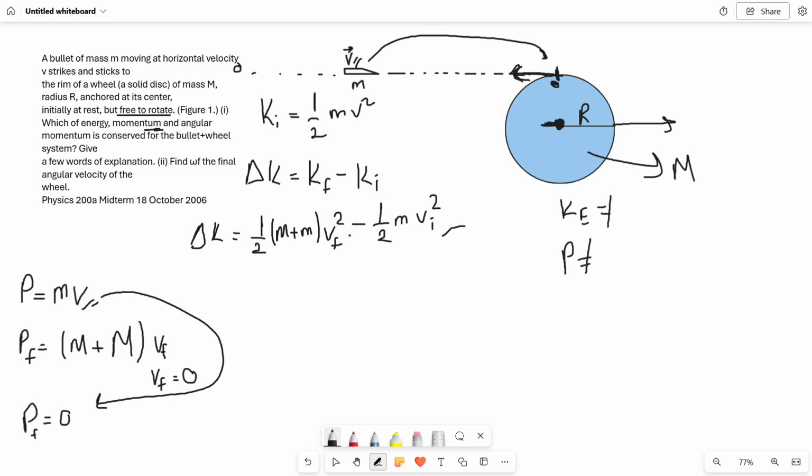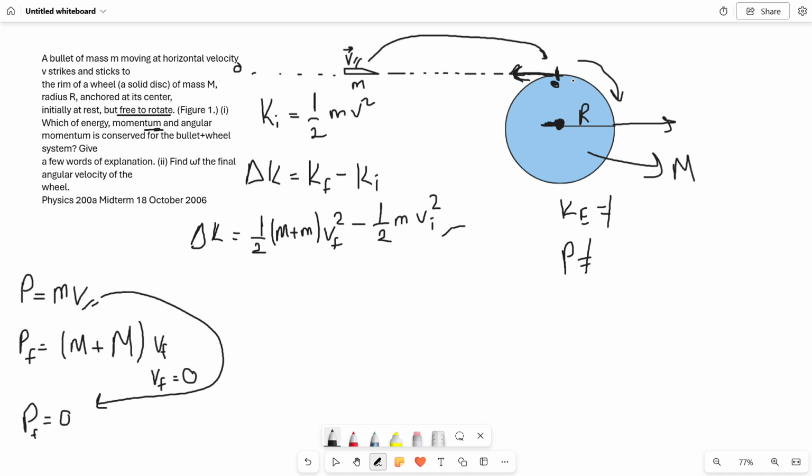Guys, I want you to understand there are two torques in this question. One of them is when the bullet hits the wheel and the wheel starts to spin to the right side.